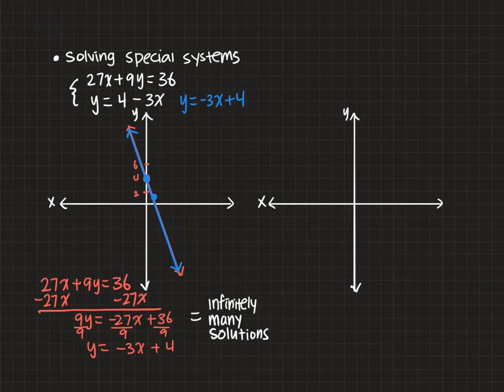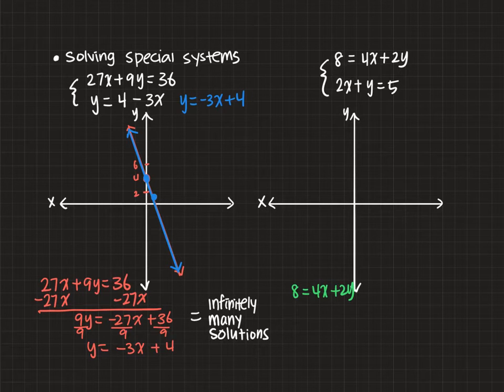For the second part, let's say we have the equation 8 equals 4x plus 2y, and then the next one, 2x plus y equals 5. In that case, we also have to change our equation into y equals something, in slope-intercept format. So I'm going to move 4x to the other side so I can have y on the right side.